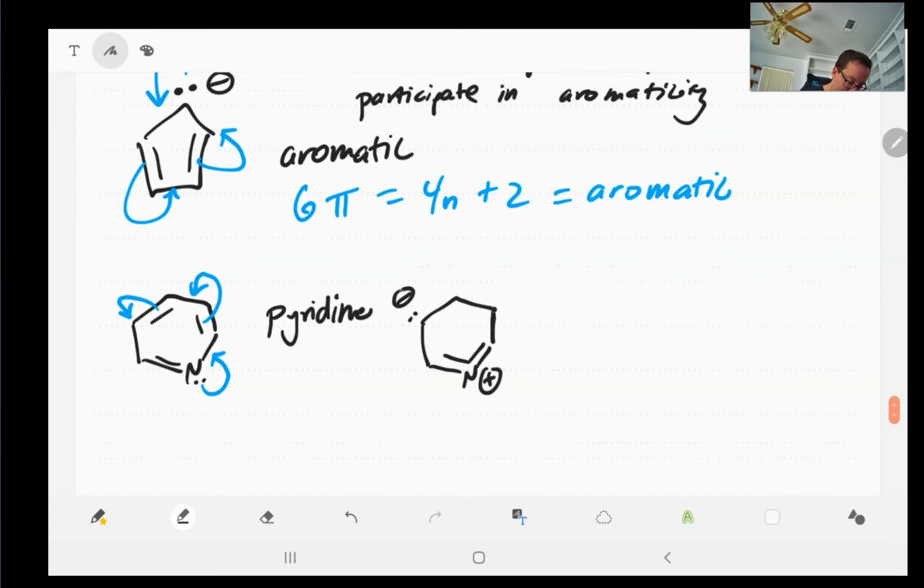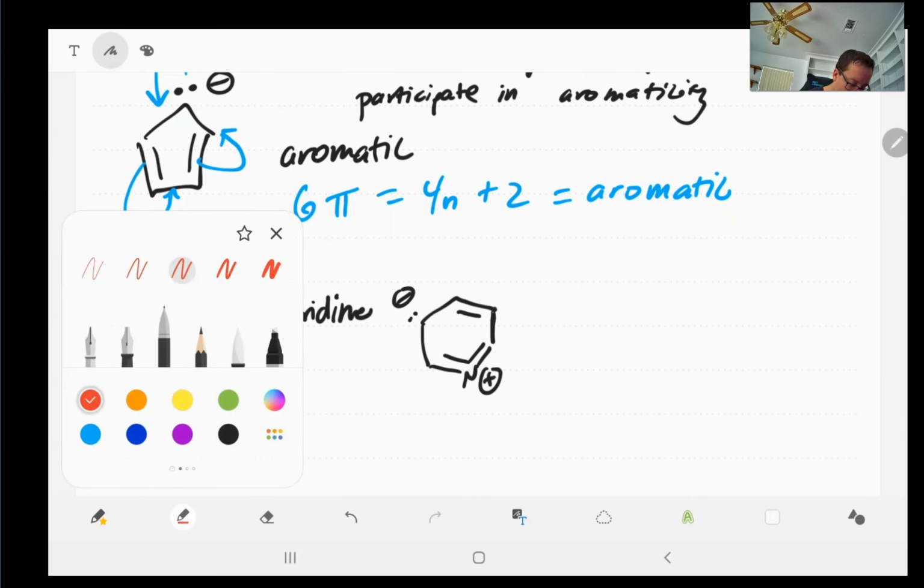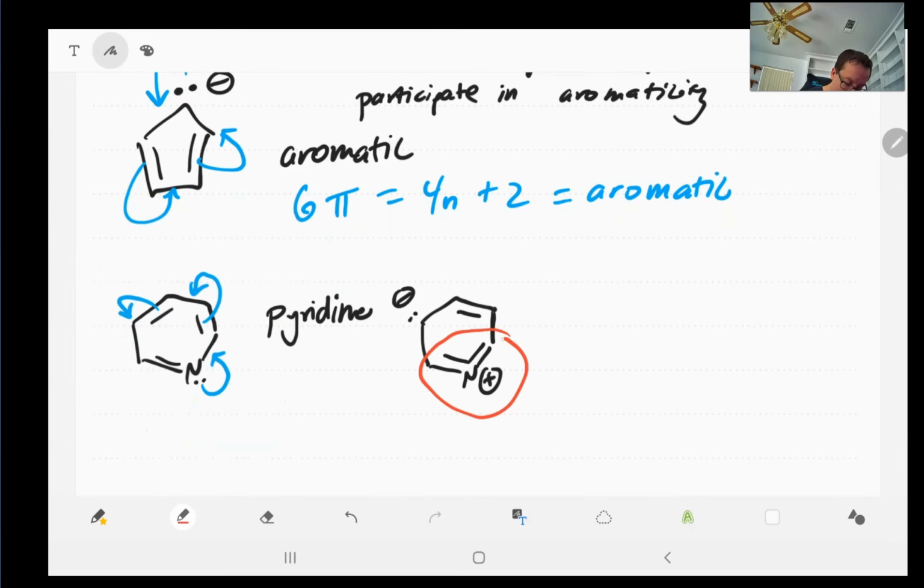You have this lone pair here, and this weird stuff happening. So you can't resonate this because of this thing here. That can't resonate, so you're not going to count those lone pairs as part of your pi system.